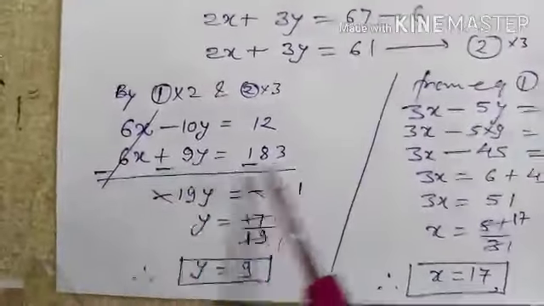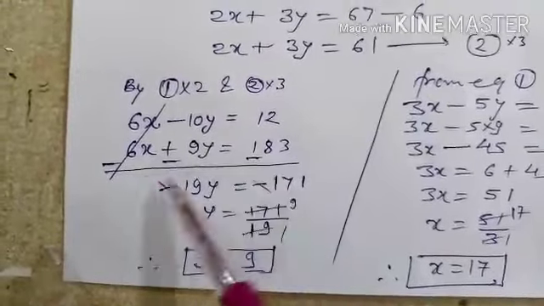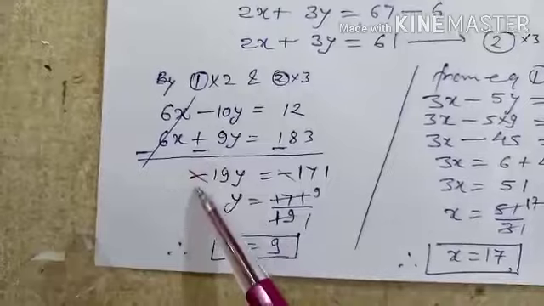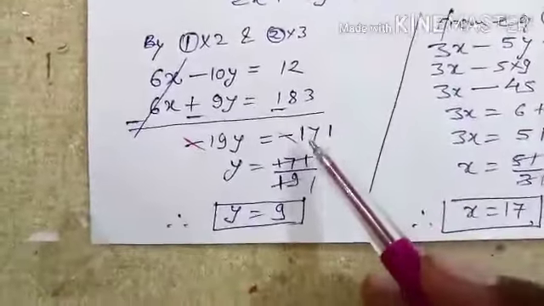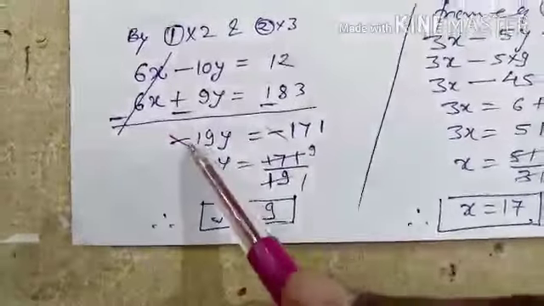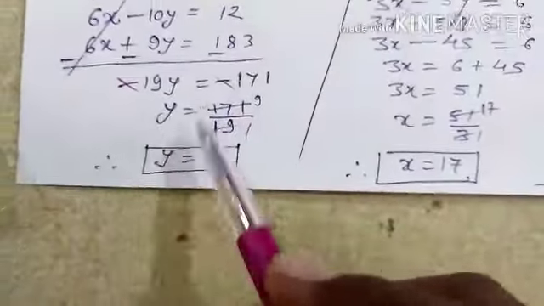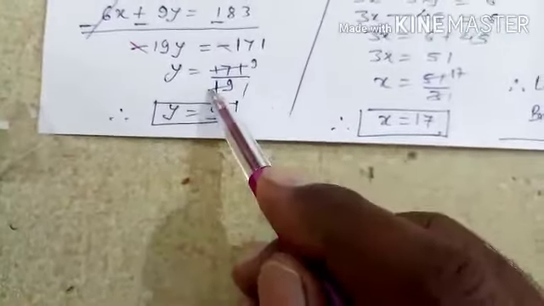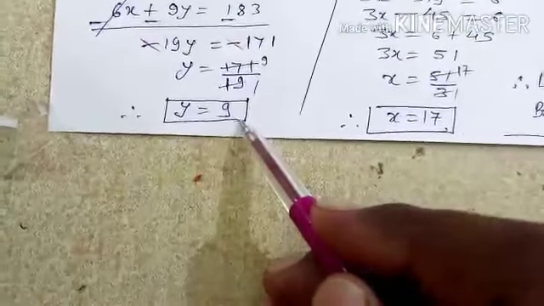Both are positive, so change the signs: this is minus, and this is also minus. 6x cancels out, minus 10y and minus 9y total minus 19y, and the difference of these two numbers is minus 171. The minus signs cancel out, so minus 19y equals minus 171, so y equals 171 upon 19. 171 and 19 cancel out, only 9 remaining.